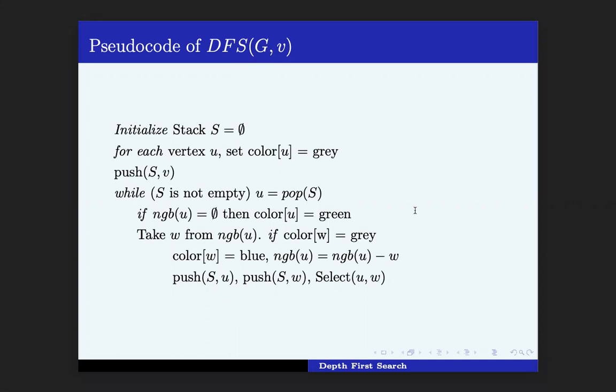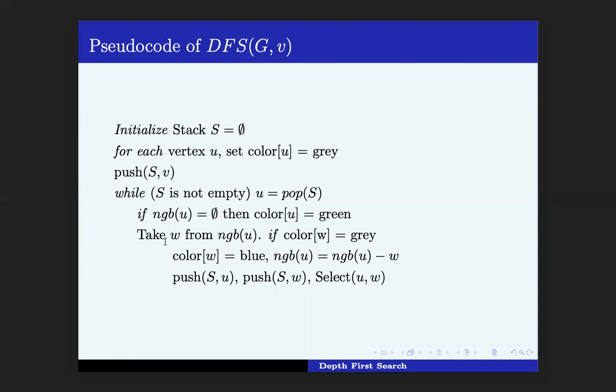Okay. As long as S is non-empty, all you do is take the topmost element of S. So you take U, which is the pop of S. If the neighborhood is empty, then you color it green. Else, what do you do?